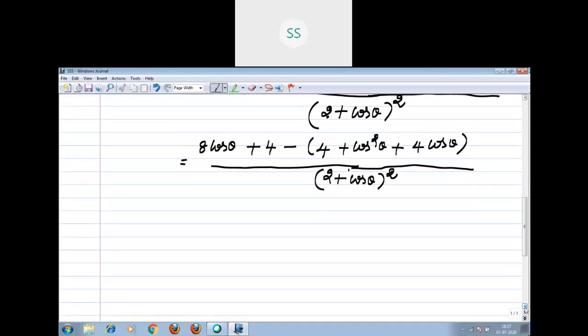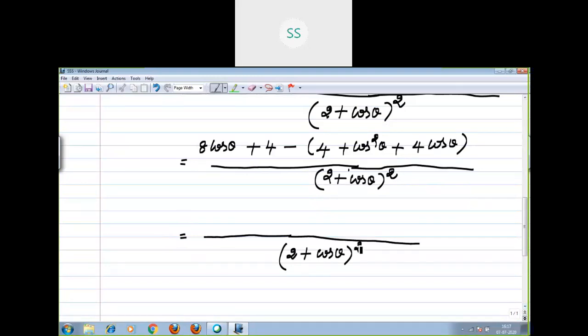See here, 8 cos theta plus 4 minus 4, next minus cos square theta minus 4 cos theta.